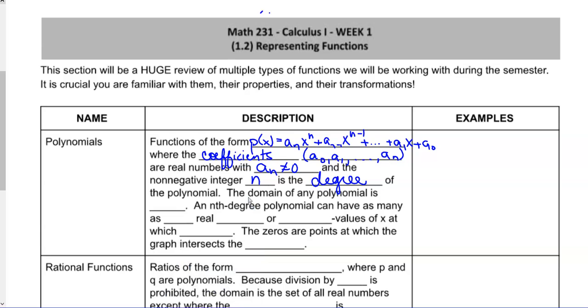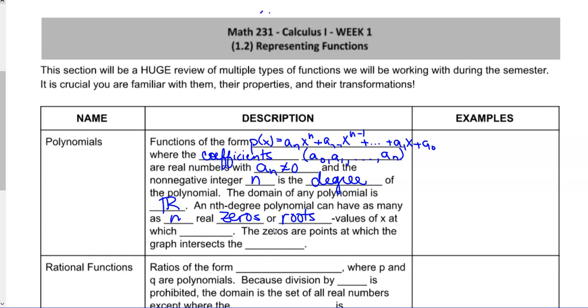Now, the domain of any polynomial is all real numbers. That means that any number can go in there and can be multiplied and added and subtracted to whatever it has within there. Now, an nth degree polynomial can have as many as n real zeros or roots. Not only is it the degree, but that tells you how many answers make that polynomial equal to 0.